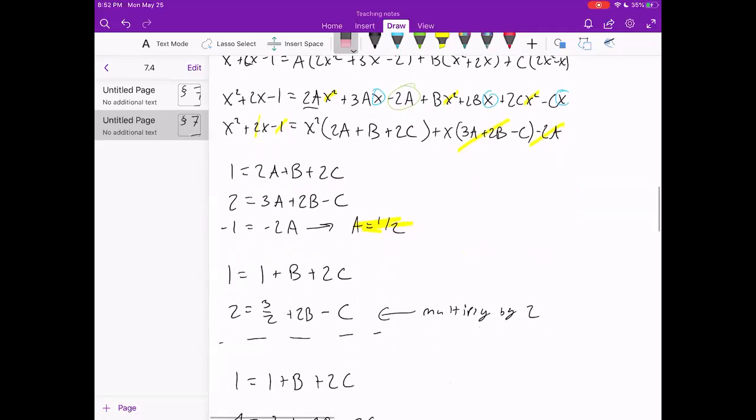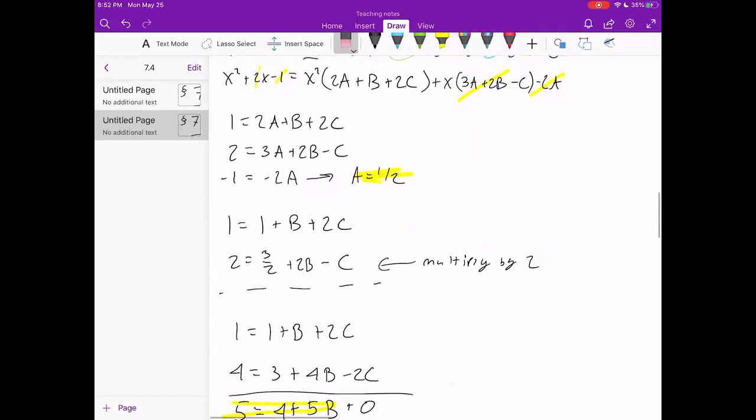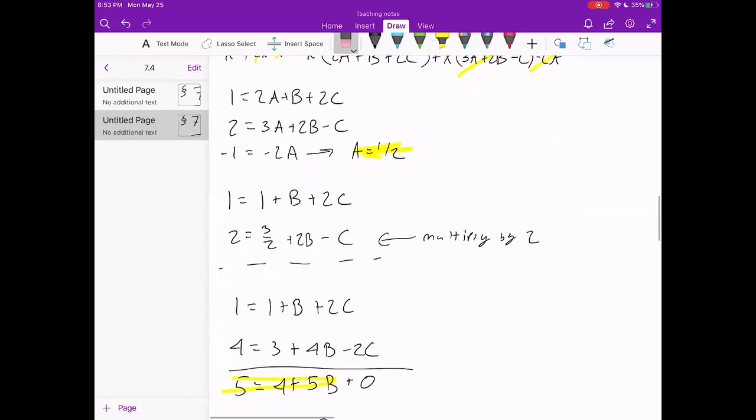And from there, I say if 2 polynomials are equal, then the coefficients of the x squared term, so the coefficient of x squared here and x squared here, have to be the same. And that gave me this first equation here. And I do the same thing with every other term. The coefficient in front of x on the right has to be equal to the coefficient in front of x on the left. My constant terms have to be equal. That gives me 3 equations with 3 unknowns.